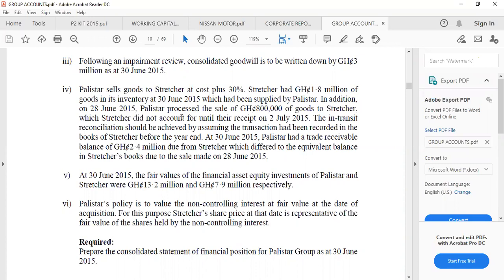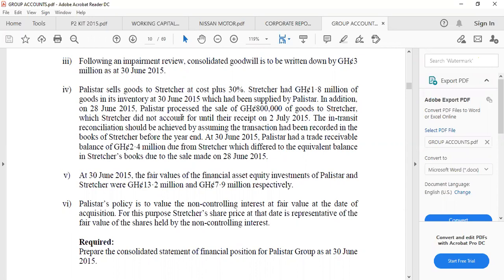The in-transit reconciliation should be achieved by assuming the transaction had been recorded in the books of Stretcher before the year end.